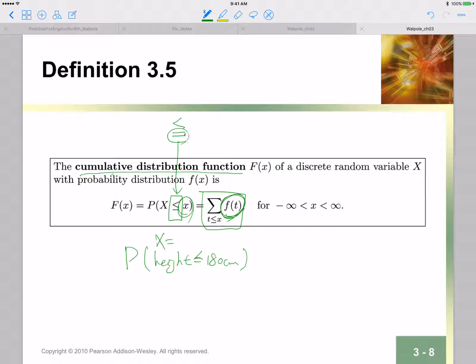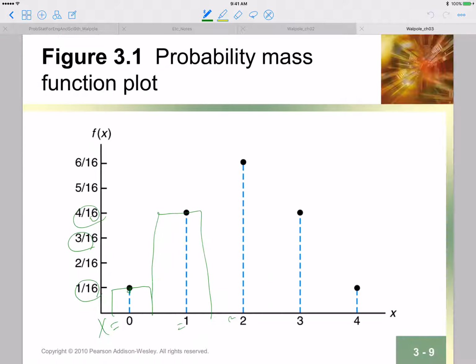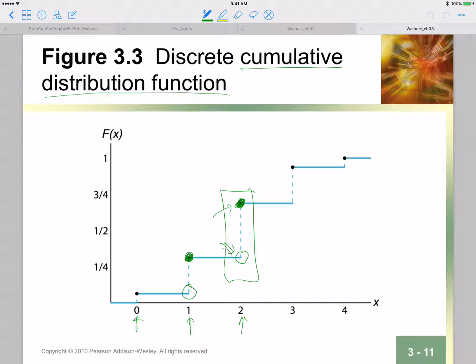So this equal means we always contain the value x itself, right? So at this point, we are including or adding the probability of x being equal to 2, right? So that way the probability suddenly jumps up, and the actual function value for this cumulative distribution function will be 3 over 4 instead of something like 3 over 16 or something, right?